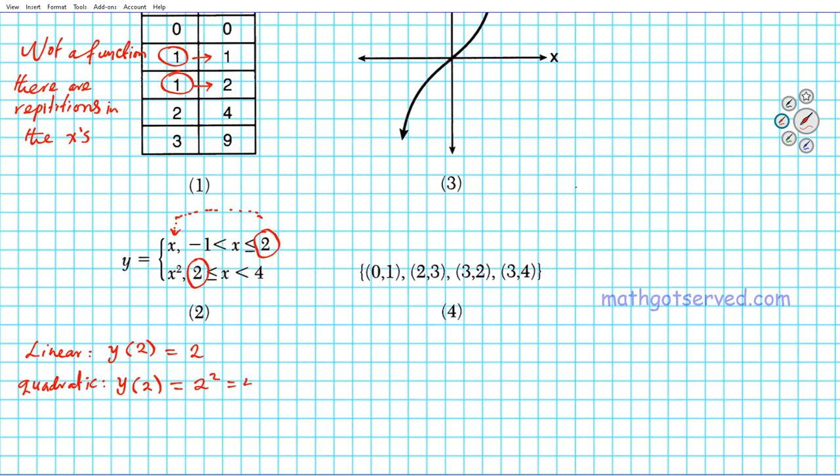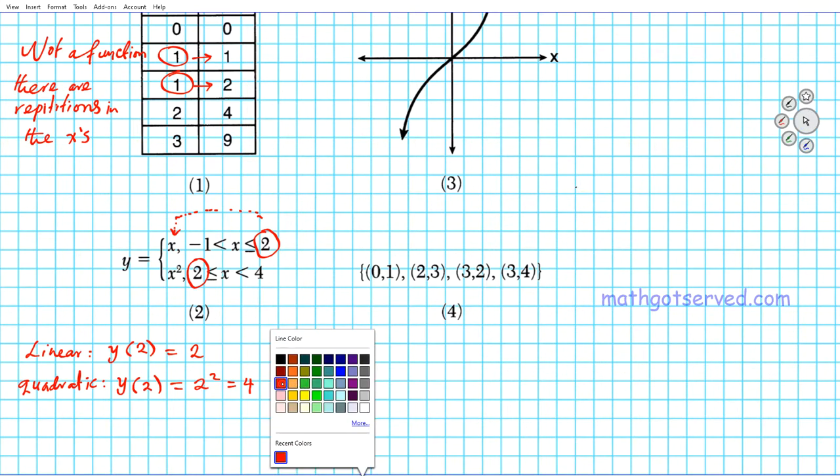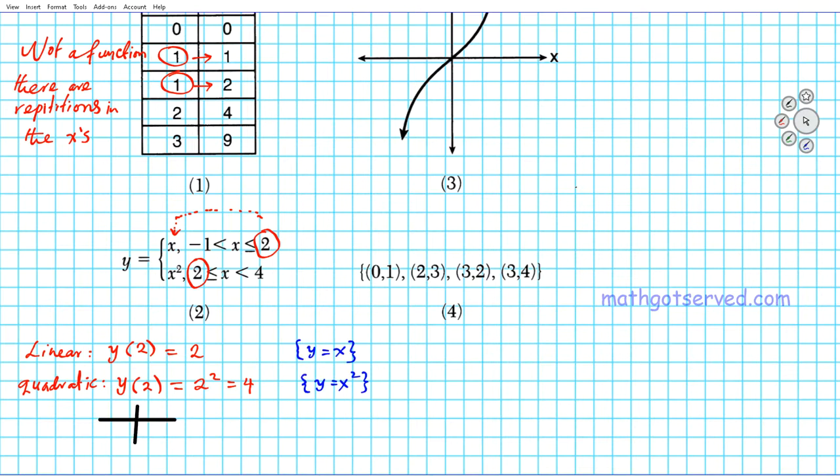2 squared is 4. Let me put the functions we're using here. For the first one, we're using y equals x, and for the second one, we're using y equals x squared. Remember, a function assigns every input to exactly one output. What do we see happening here? Let's use a table as a visual.